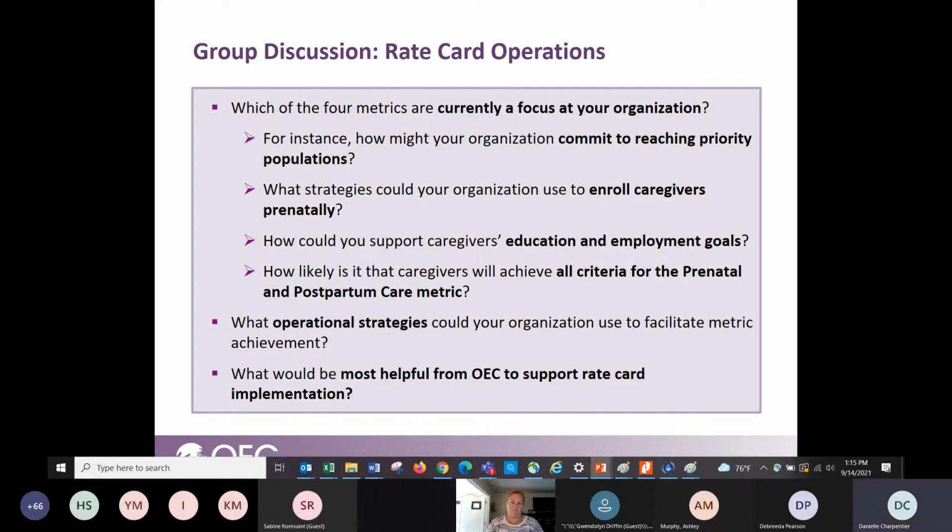I know we've been talking a lot about the prenatal enrollment piece and the priority population piece. I'm curious on the third metric, supporting education and employment goals, if there are specific strategies, particularly now as we recover from COVID and the economy has taken a hit because of that, that you've started to consider to help support families meet those goals, if those are their goals.